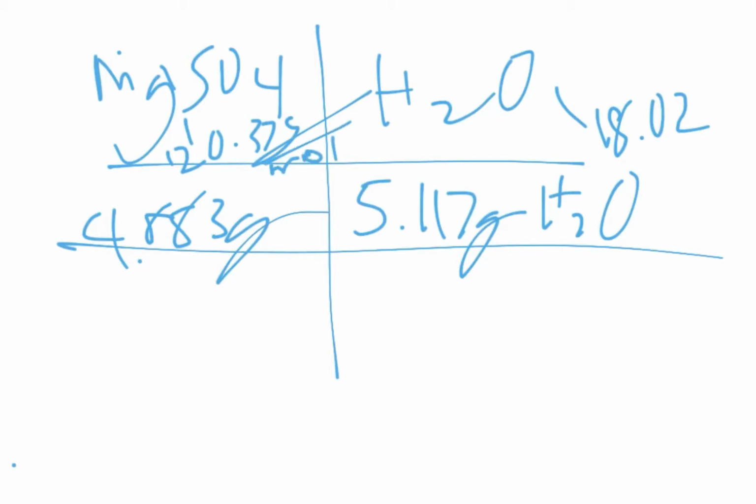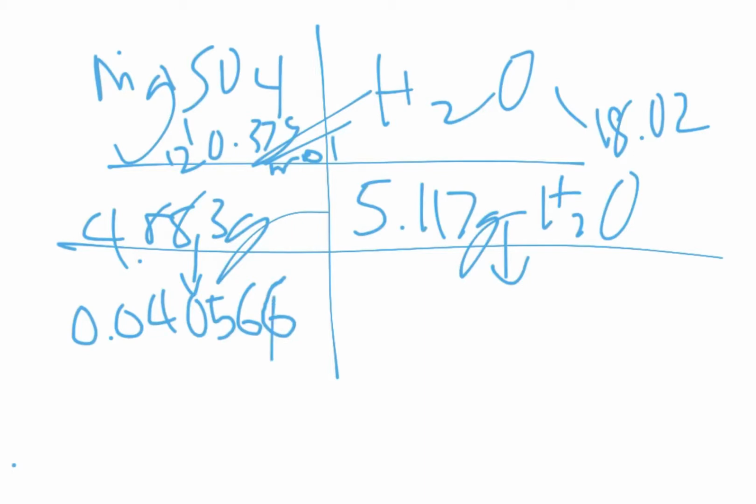And let's just convert these to moles now. So 4.883 divided by the molar mass of magnesium sulfate gives us 0.040567, sorry.